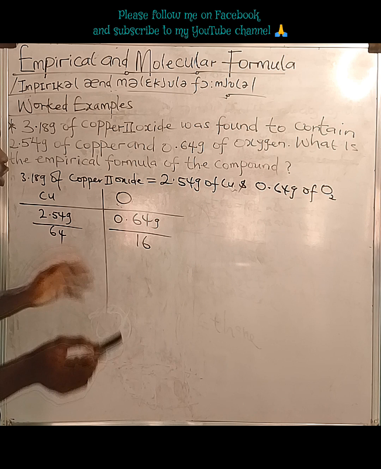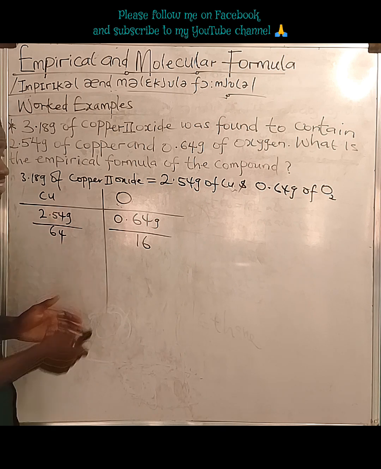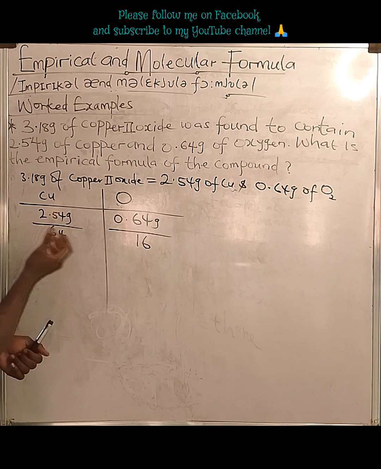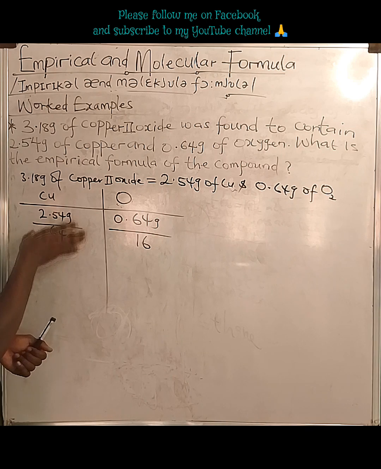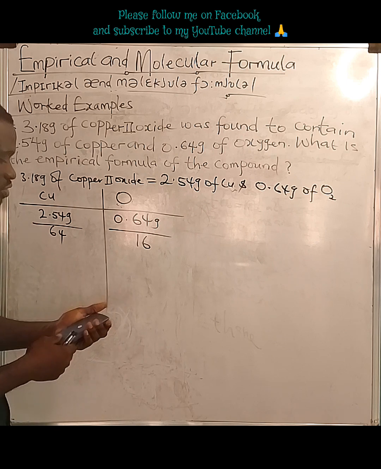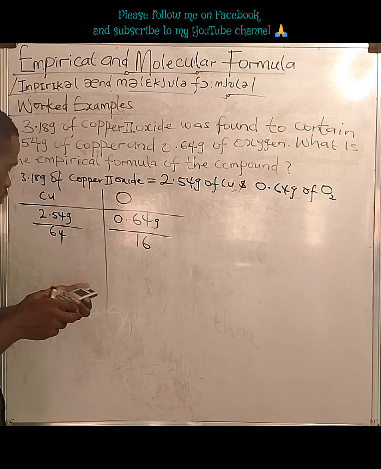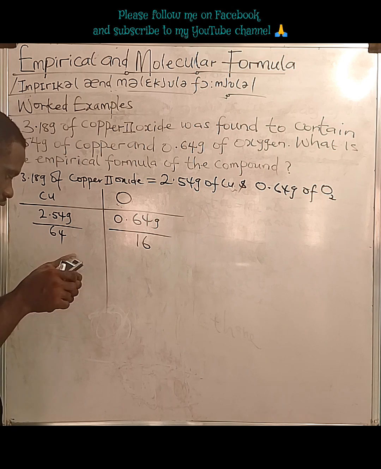Now I'm going to show you also that we could use our percentage. We could decide to use percentage. Once we're done with this, we try it the other way around. So 2.54 over 64 is the mole of this, and also there's a mole of this. So 2.54 over 64, we're going to be using our calculator to get that done. Let's see what that would give to us. 2.54 divided by 64.